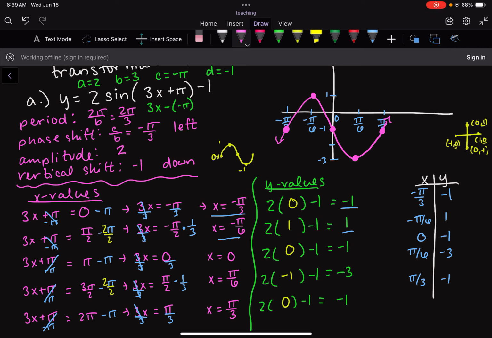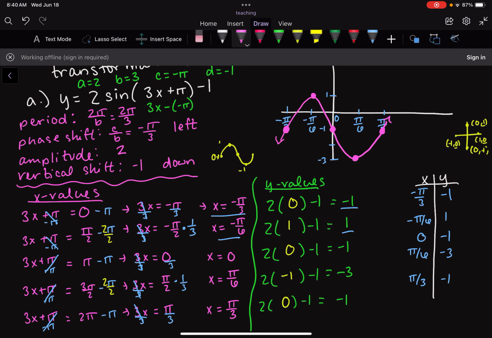Now, I do want to talk a little bit about how I do the points for a question like this. I'm going to grade the period, the phase shift, the amplitude, the vertical shift. I'll give you probably about half a point or so for each of those. I think I usually do 2 for the x's, 2 for the y's. I also like to give a point for just the general shape of sine.